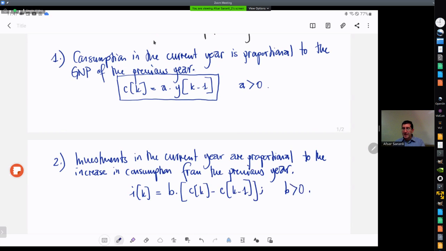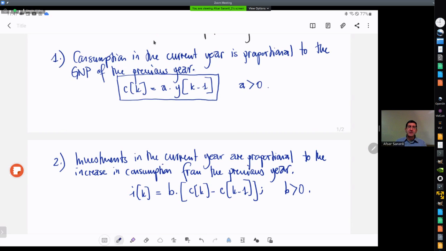What's the logic behind that? Well, it argues that companies invest by observing how much consumption has increased from the previous year. If people are spending more from last year to current year, that means you are confident that people are increasing their spending.